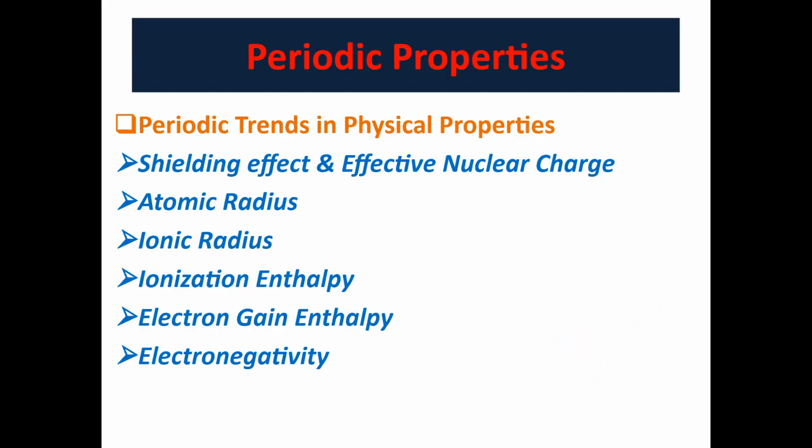Once again, I say, look: shielding effect and effective nuclear charge, atomic radius, ionic radius, ionization energy or ionization enthalpy, electron gaining enthalpy, electronegativity. Right? So these are the physical properties.